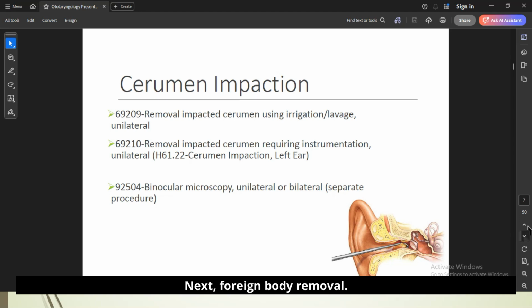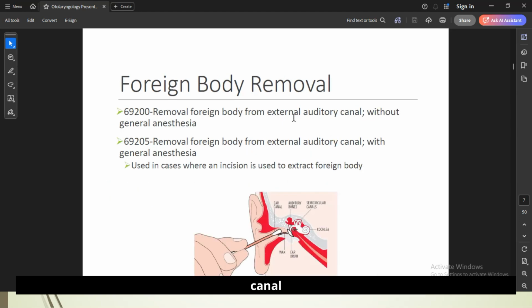Next, foreign body removal. If the patient has a foreign body removed from the ear, the external auditory canal, you code 69200, removal of foreign body from external auditory canal without general anesthesia, or 69205, with general anesthesia. The foreign body might be anything.